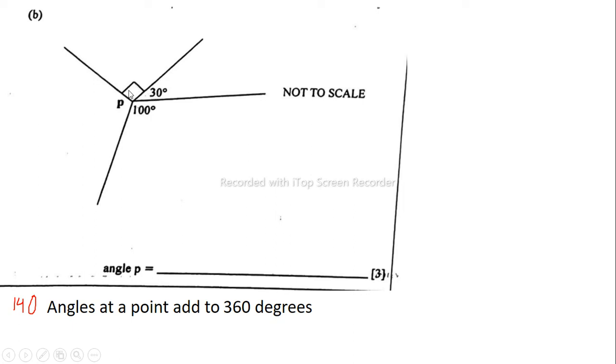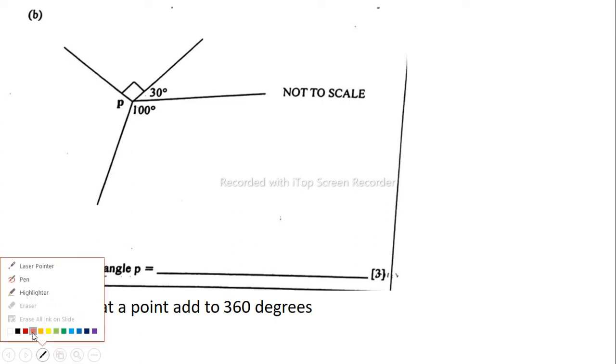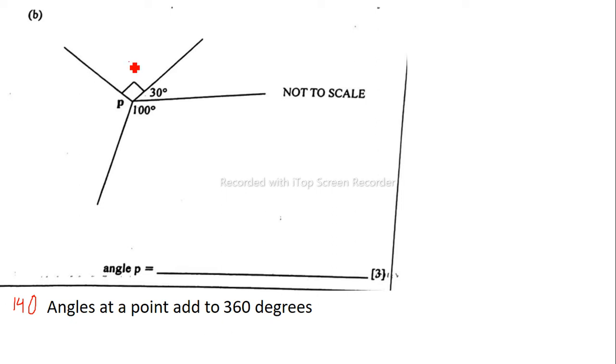Now, what is this angle? 90 degrees. How do we know that? It has the box, so this box means 90. So all of them together plus this angle P must add up to 360 degrees.